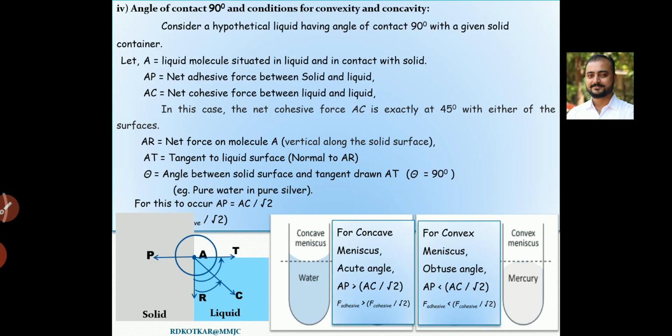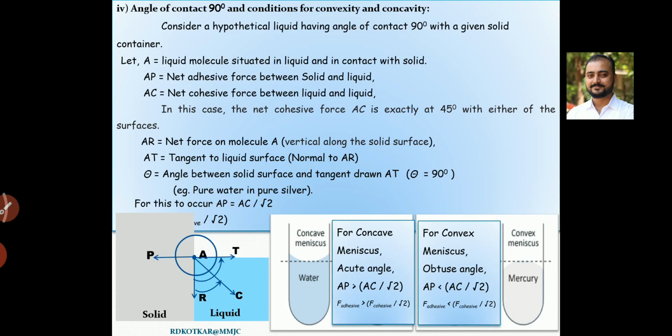The condition between the cohesive and adhesive force is represented as AP should be less than AC divided by root 2. That means the adhesive force should be less as compared to the cohesive force by root 2.